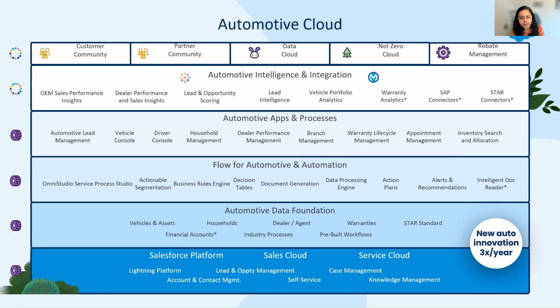And for example, actionable segmentation. So it can be used in different scenarios. If you're a captive finance customer, you can take it to look at your customer base and do a segmentation of a certain profile you need, maybe people who haven't made the last 3 payments, and you can have action plans where you can follow up on that.